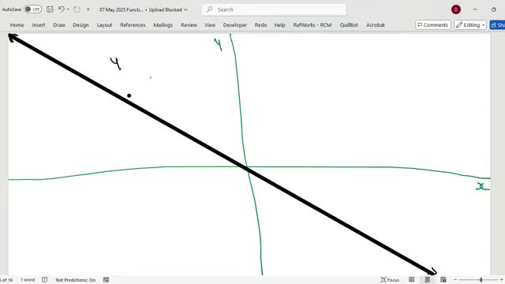We've got y equals mx plus c. That is the equation. So in the case of this example, the gradient is less than 0, meaning the gradient is negative.